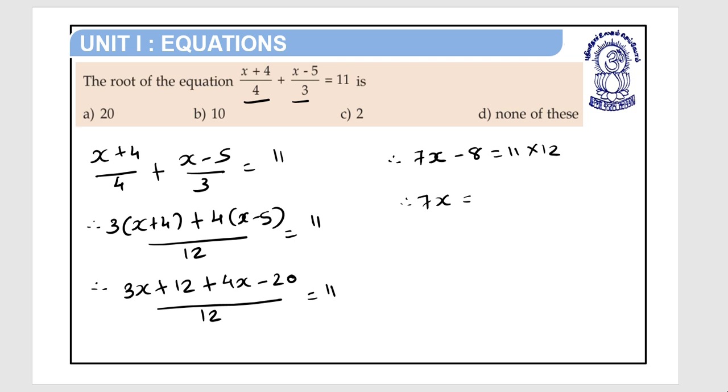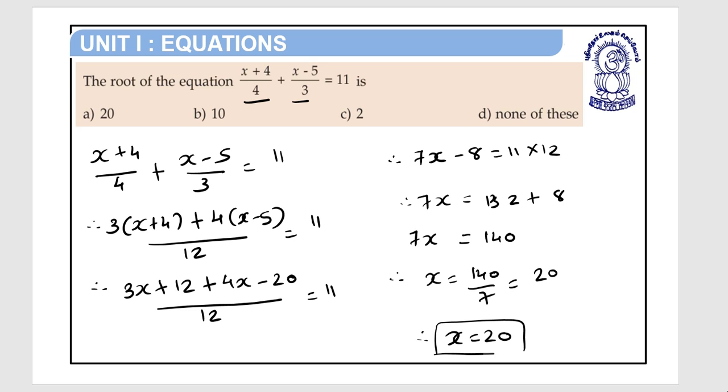So, 7x is equal to 11 2s are 22, 132 plus 8, 140. So, x is equal to 140 by 7. 7 2s are 14, 20. So, x is equal to 20 is answer. So, answer is A.